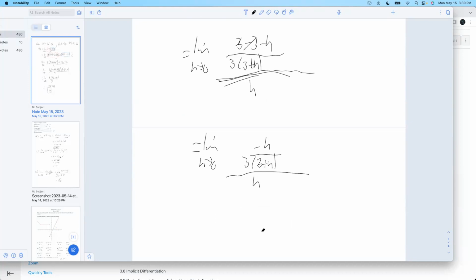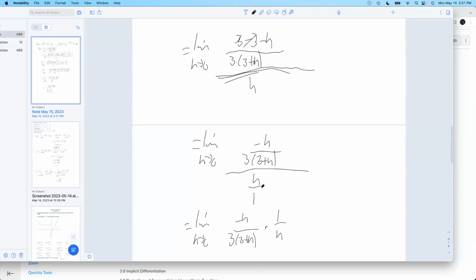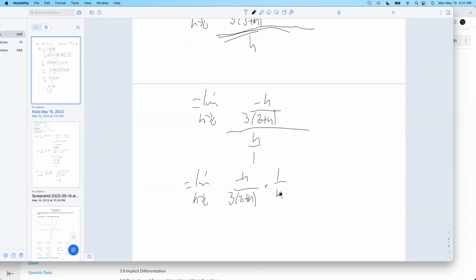I got to do a little keep, change, flip here. So I got to think of this as h over 1. So keep the top guy. Change, instead of divide, multiply, flip. This would be 1 over h. Keep, change, flip. Oh, look, the h's cancel. If the h's don't cancel, you done goofed.